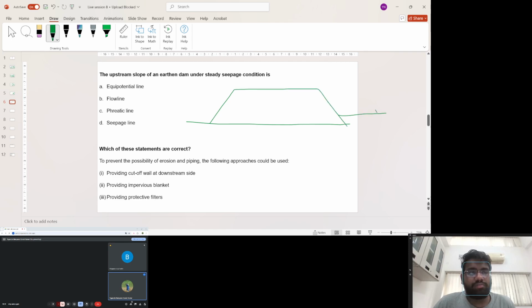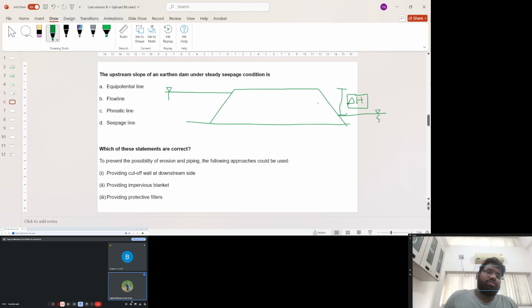This is the downstream head, this is the upstream head, the upstream water level, and this is the downstream water level. The head loss will be this much. When the head loss is maintained constant, with no change in head loss, that is delta H, that condition is termed steady seepage.